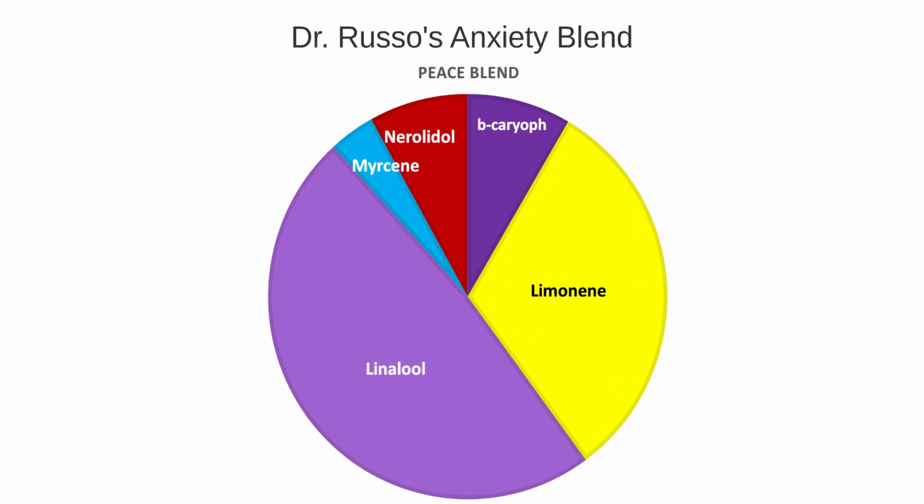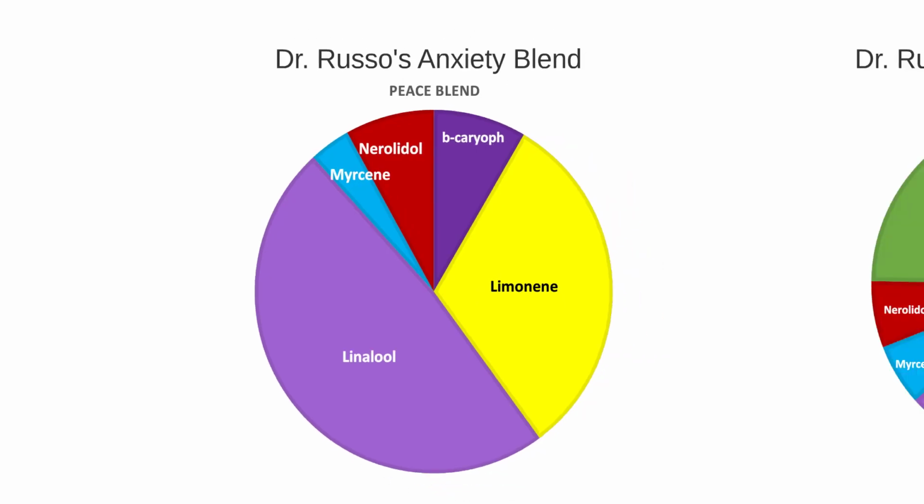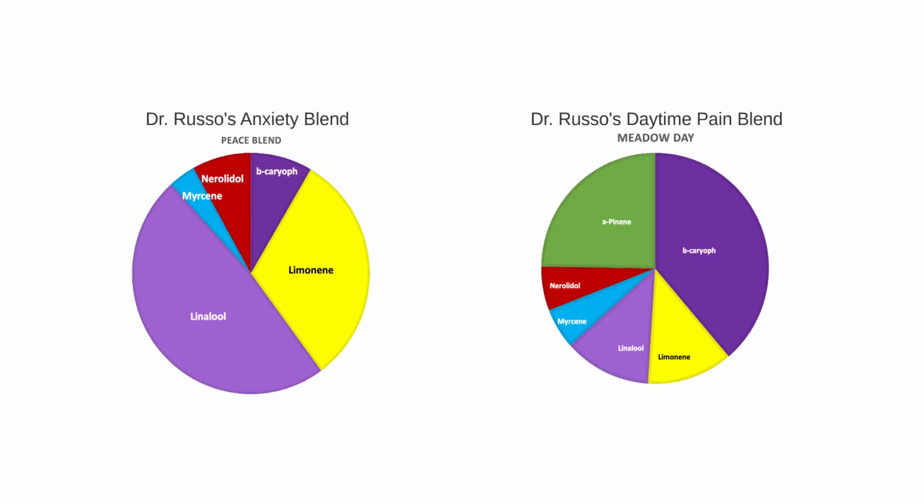When we take a look at Dr. Russo's anxiety blend, what you see is a lot of linalool and a lot of limonene, a little beta-caryophyllene, myrcene, and nerolidol. Now, it's important to compare Dr. Russo's daytime pain blend to his daytime anxiety blend. Both of these blends are recommended to come with the same level of CBD.